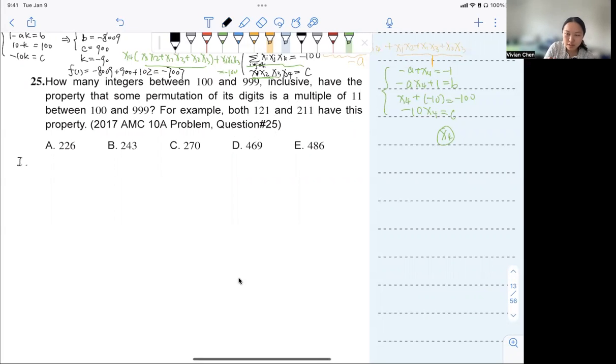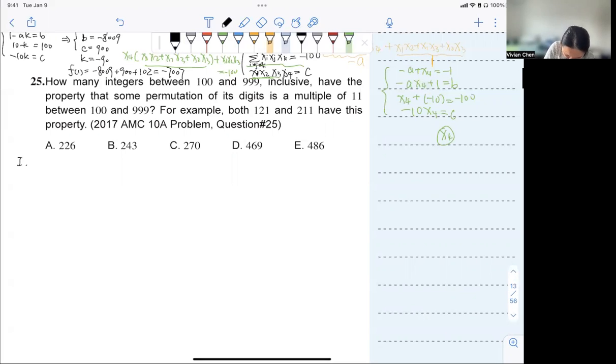Okay, the first method is like the stupid method, but it's actually the easiest to think of, and it's quite safe. So how many multiples of 11 are there between 100 and 999? I should start with the first multiple of 11 after 100.